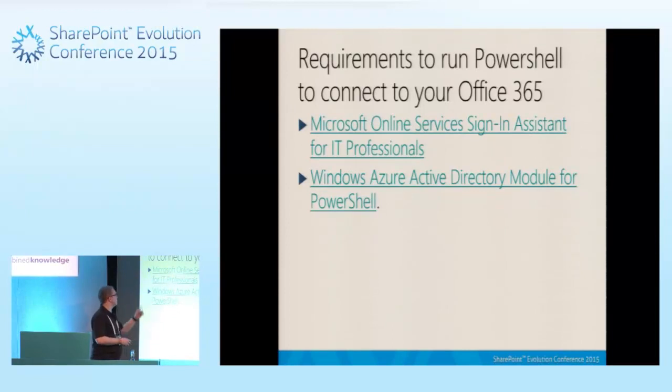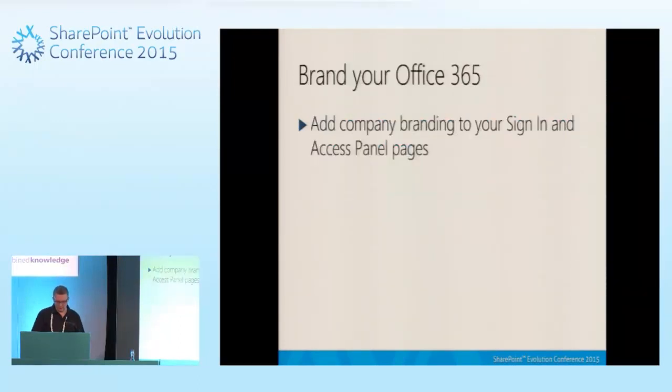You first need to install the sign-in assistant from Microsoft, and secondly you need to install the Azure Active Directory module for PowerShell. The links are included in the PowerPoint presentation, so just click them and you can install it. And of course, you also need to run PowerShell as administrator. If you run this as a normal user, you will get errors.